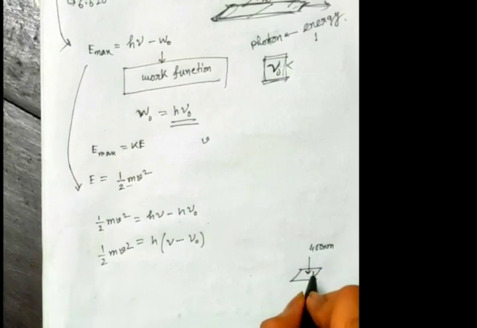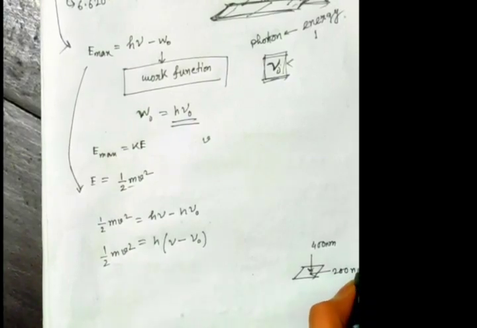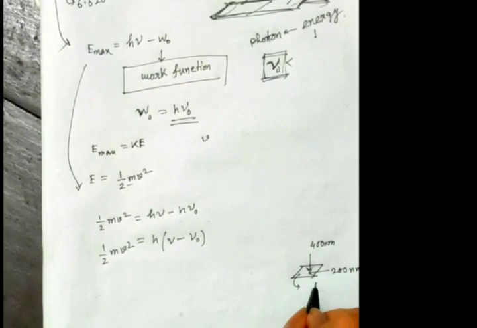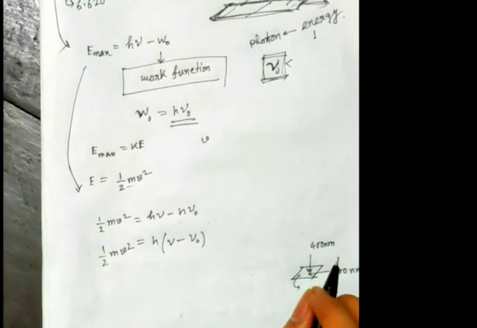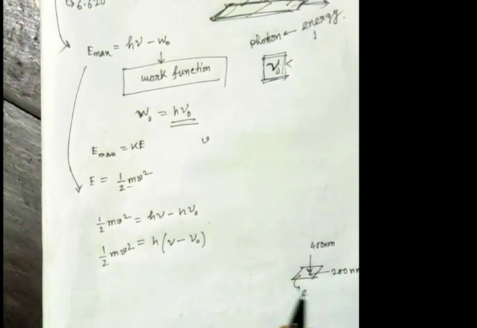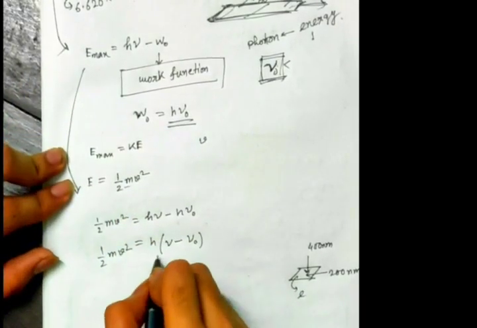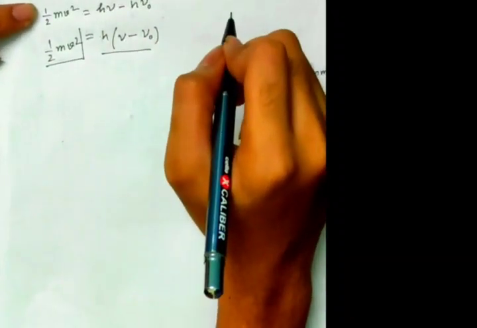Now if a light having a wavelength of 200 nanometer is propagating on the metal, how much kinetic energy will the emitted electron get? You are given the Planck's constant, so the electron is coming out, and from this equation, not like this, we don't need this because they didn't tell us about the velocity.